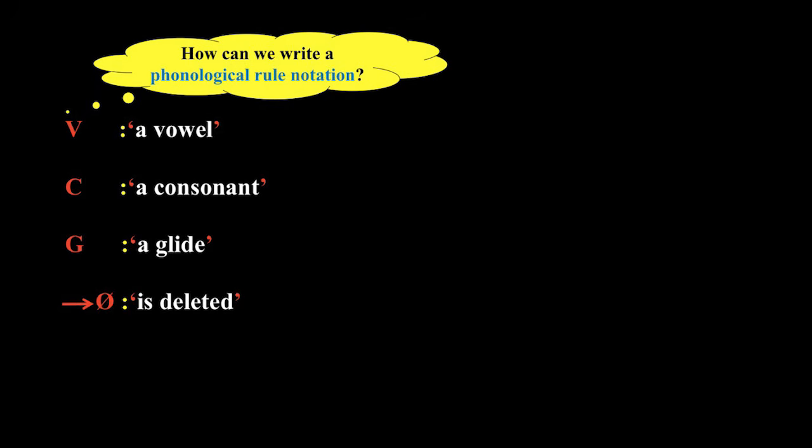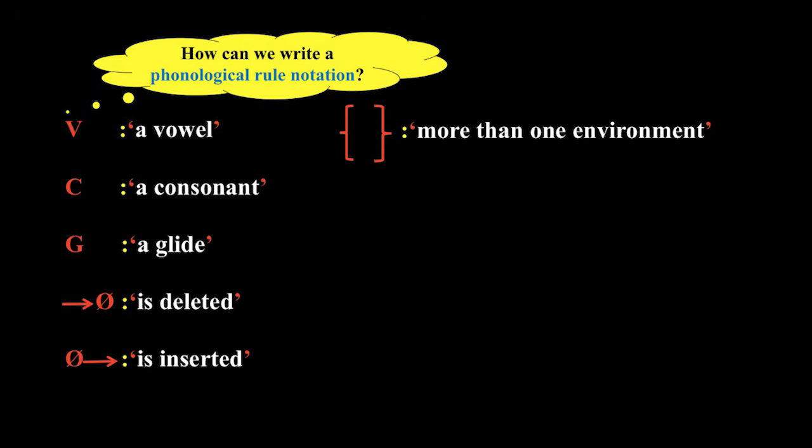If the null symbol is after the arrow, on the right hand of the arrow, it means it is deleted, or it is dropped, or it is not pronounced. But if the null symbol is before the arrow, that means there is an insertion. We say it is inserted, it is added. And we use the braces in the case when we are talking about more than one environment, when that change is occurring in more than one environment.